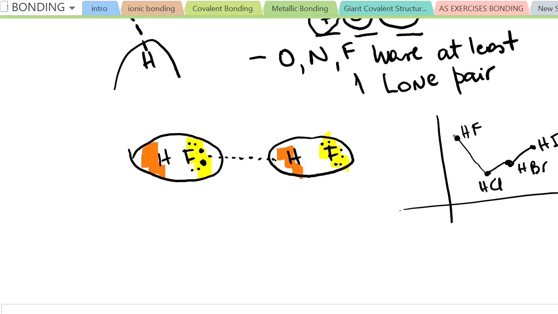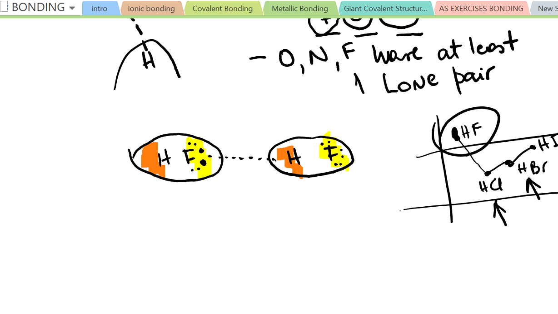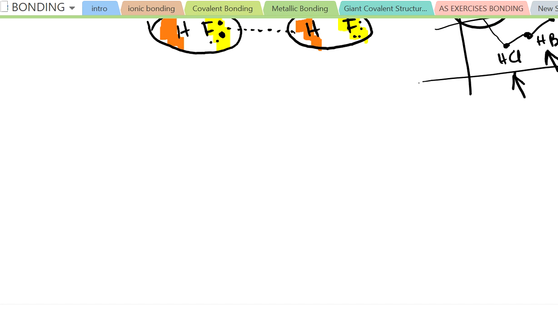But this one is much higher than all these three. Why is that? In this one, the only forces that I need to overcome to boil it is the dipole-dipole. In this one, it requires more energy, because it's not only dipole-dipole, it's hydrogen bond that is present. Yes?